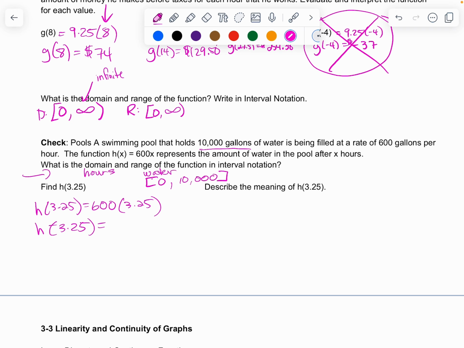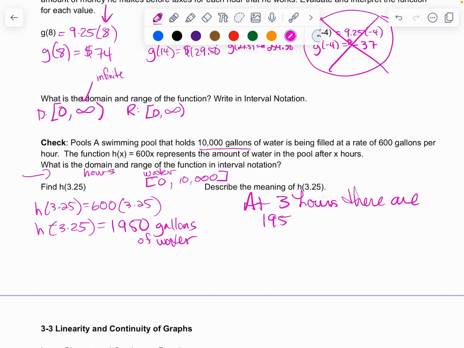Okay, so 3.25 times 600 is going to get us 1,950 gallons of water. So what does it mean? It means that at 3.25 hours, there are 1,950 gallons of water. That's what that means.